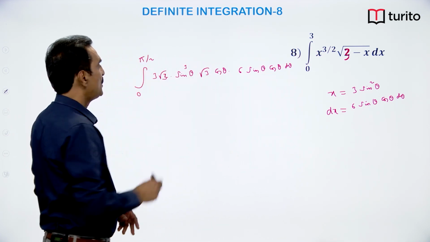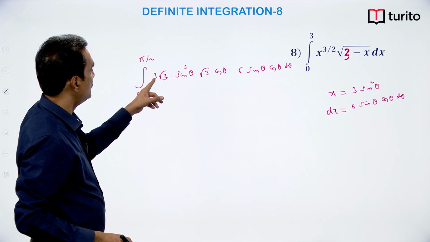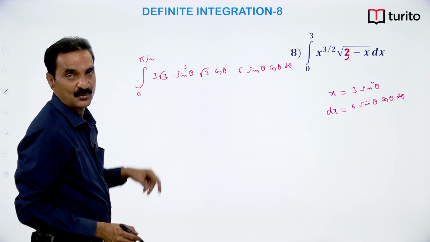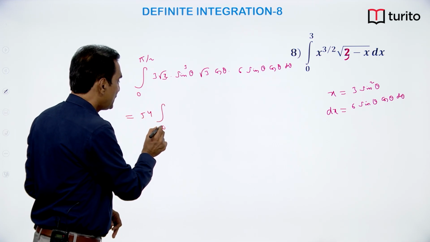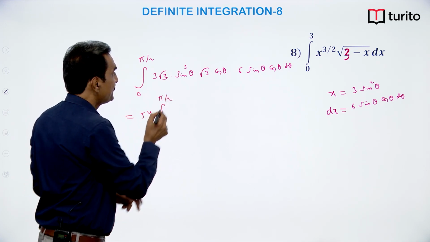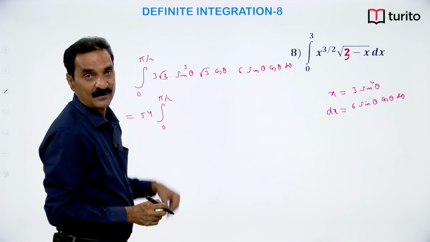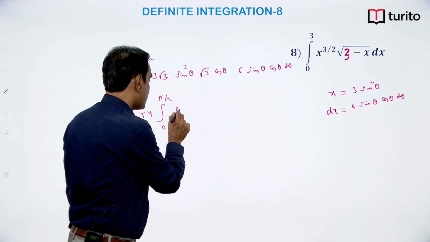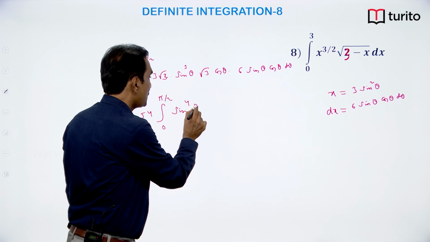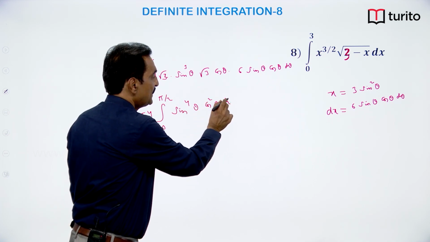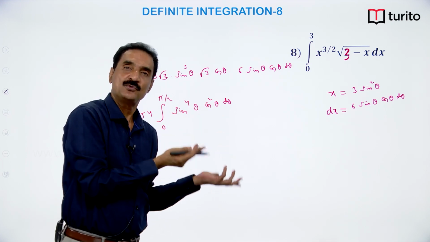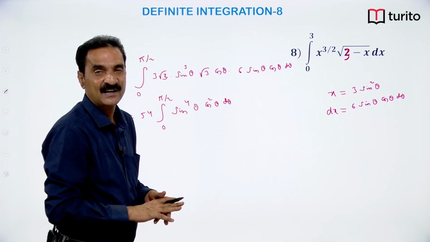Right. Now simplifying it, 3 root 3 into root 3 is 9, 9 into 6, 54. Integral 0 to pi by 2 sine power 4 theta into cos square theta, which is I 4 comma 2. You know how to calculate it, you finish the calculation.